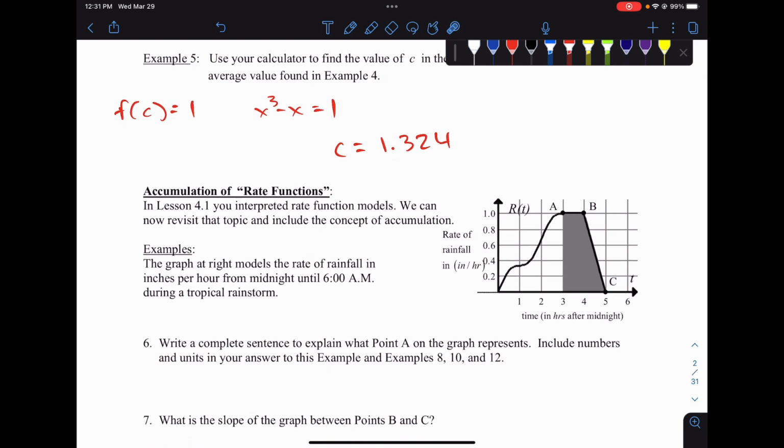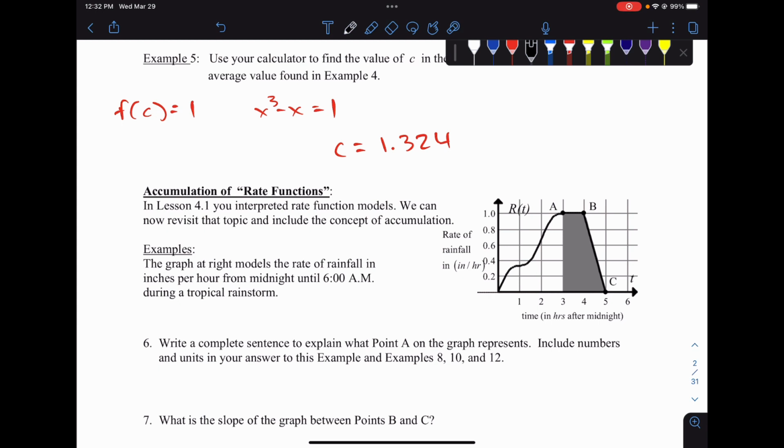All right, accumulation of rate functions. The second part of this homework assignment wants you to use what you know about rates, integrating, and area under curves. They call them accumulation functions because you are accumulating the area under the curve.